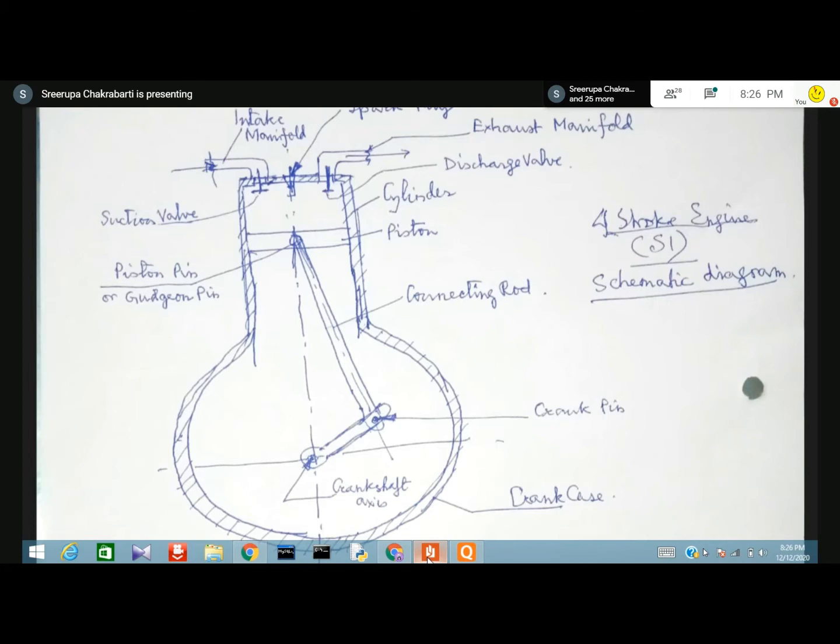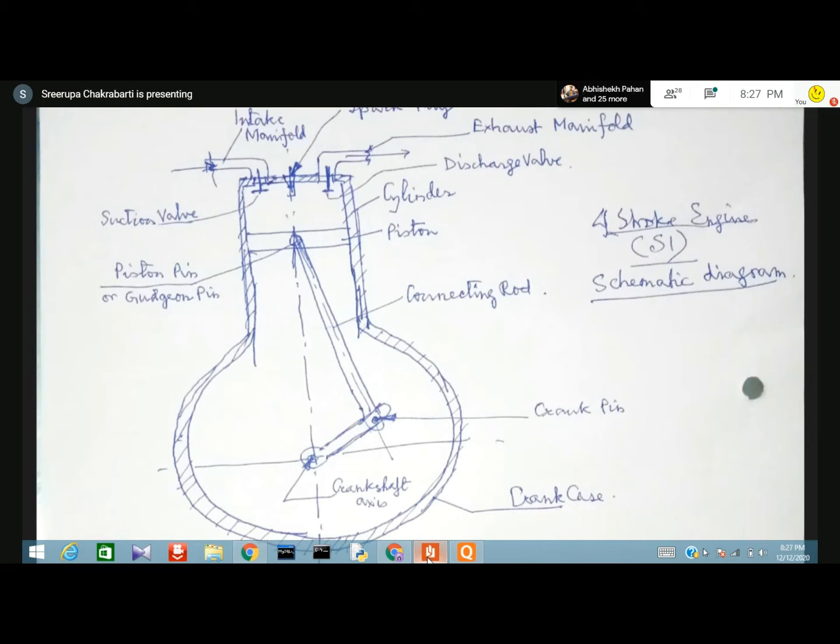And when they are going to open and when they are going to close is again another story. That is in the hands of the designer of the engine. The engine has been designed by a designer, so the designer has to choose when the valve has to open, which valve has to open when, and which valve has to close when.